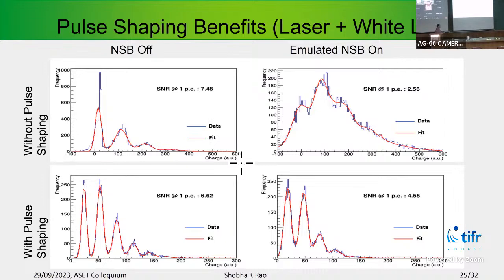In our case, that LED light is on. This is the spectrum we get. So with shaping, we could see the distinct peaks here. And we could achieve this even though the signal to noise ratio is deteriorated, because with pulse shaping, there will be some attenuation.